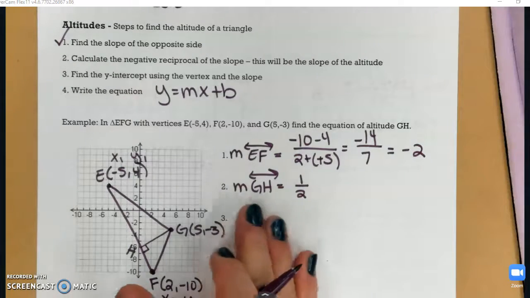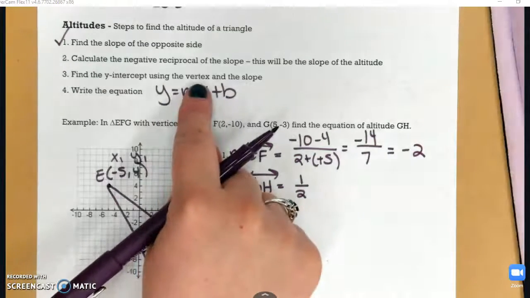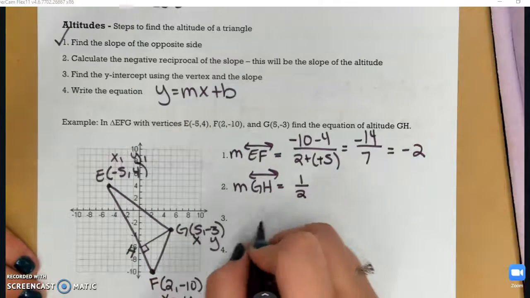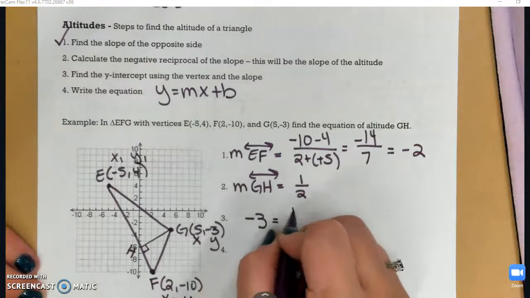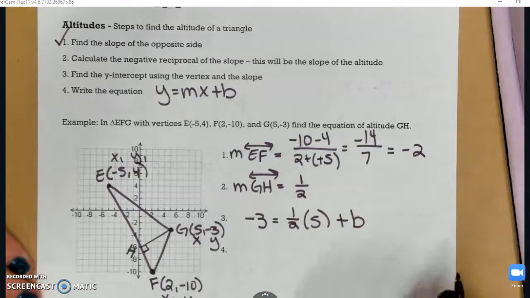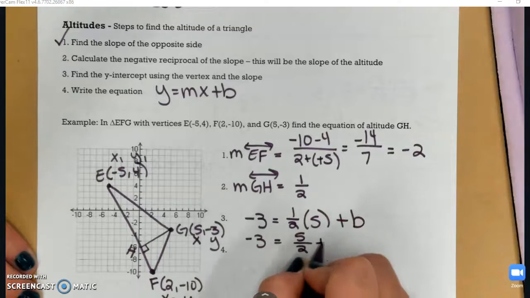Okay, now that I have my slope for GH, I need to find my y-intercept. So I'm going to do that with my vertex G, this is going to be x, this is going to be y. So negative 3 equals 1/2 times 5 plus b. I'm solving for b. So this is going to be 5 over 2 plus b.